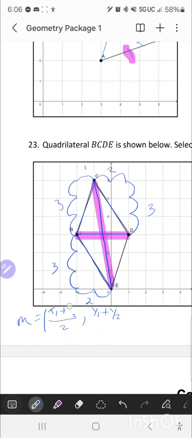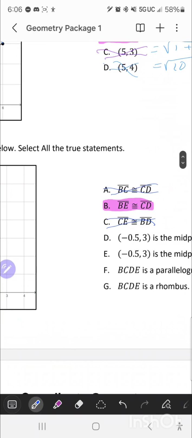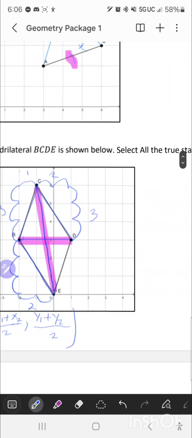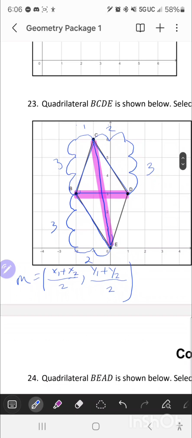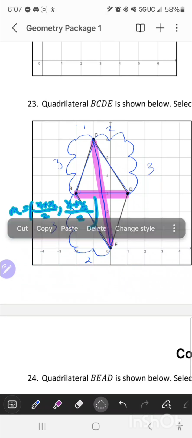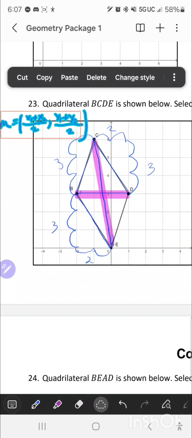This is an x just in case you get confused. Now, here we go. And we substitute the values for CE. I'm going to make this smaller and put this here at the top, just in case you need the formula.